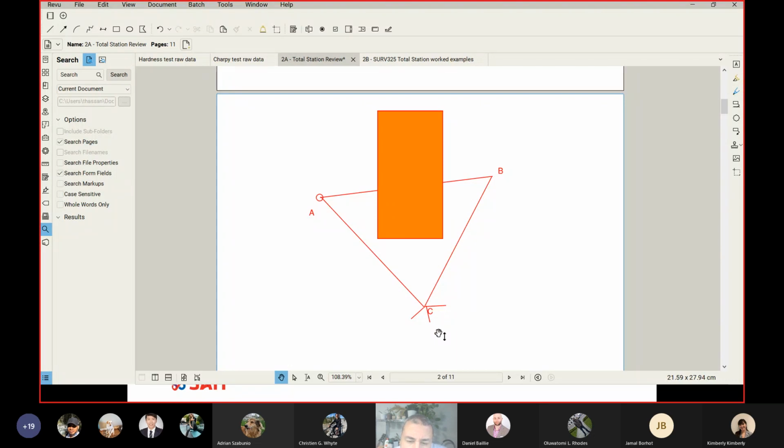I can measure the distance from C to A, correct, which is a slope distance, and I can measure a vertical angle from C to A. And I can repeat the same thing between C and point B. I can measure a slope distance and also a vertical angle. Do you think that's sufficient to calculate?